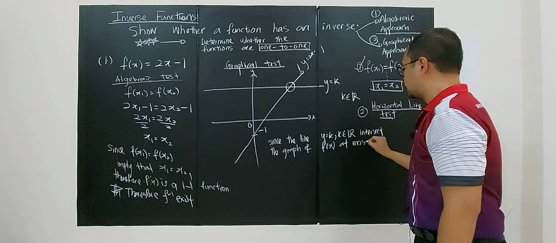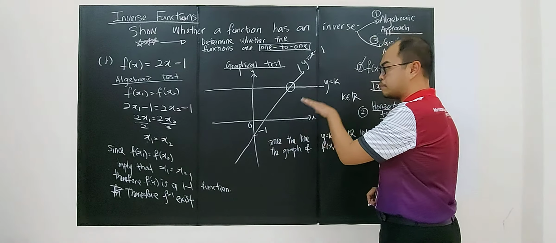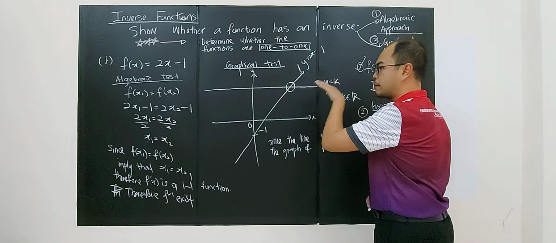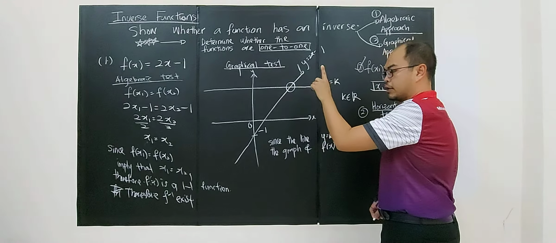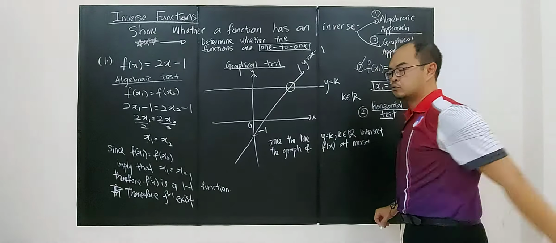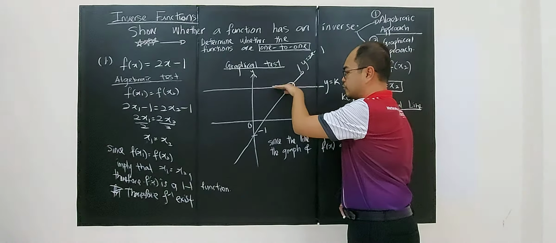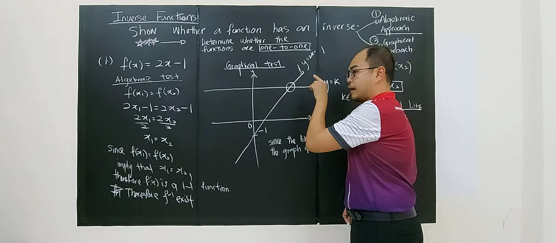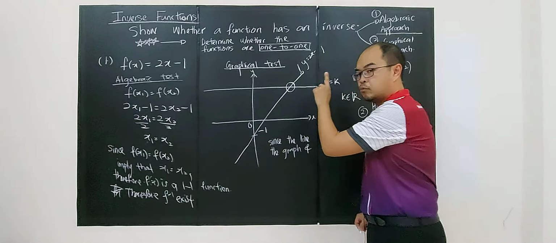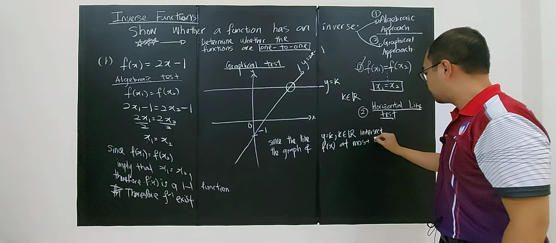At most means this line, everywhere, may not intersect the graph, but if they intersect the graph, it is at only 1 point. So they won't intersect at more than 1 point. If this line is moving, they only intersect at most 1 point.